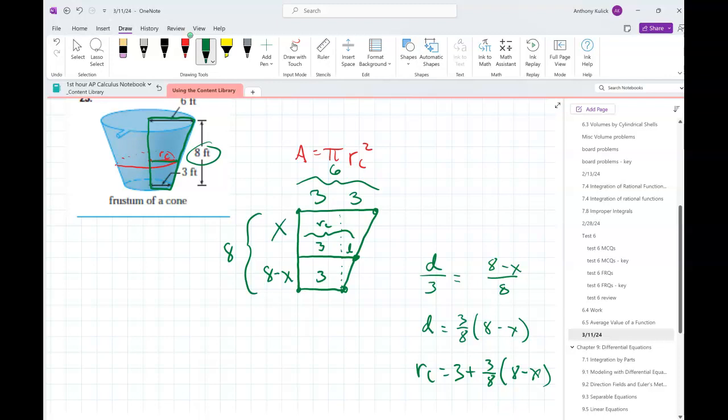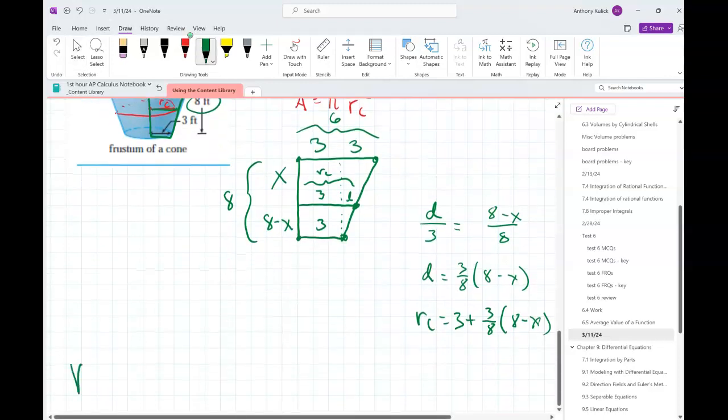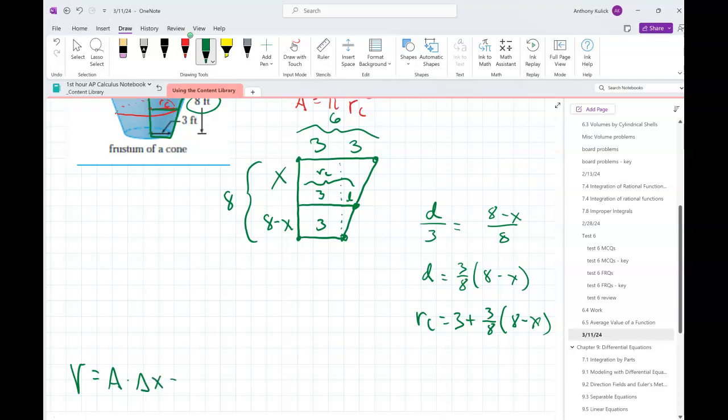So far, so good, Giselle? Okay. So I know my volume is that area times delta x. So that's going to be pi, and then my radius that I just figured out, squared, delta x.